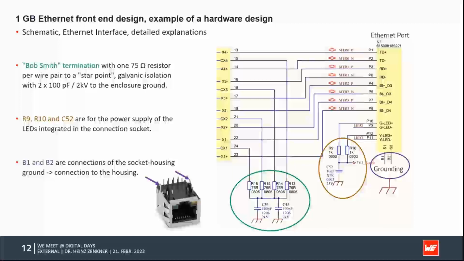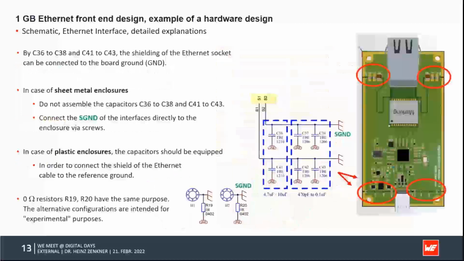Very simple, because I have put one on the left-hand side of the Ethernet connector, and on the right-hand side one underneath here. So this is the reason to have it symmetric and to reduce the inductance of the PCB of the connection. This is why I have split it into two values.